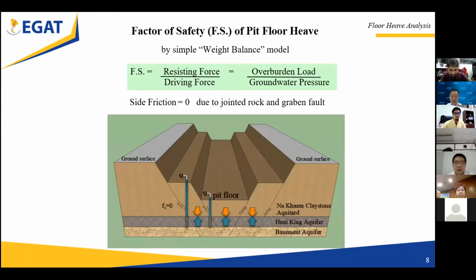Let's move to the next part, heave analysis. Factor of safety against groundwater pressure by a simple weight balance model. A factor of safety is the resisting force divided by the driving force. Groundwater pressure is the driving force and overburden load is the resisting force. In this equation, we assume side friction is zero.